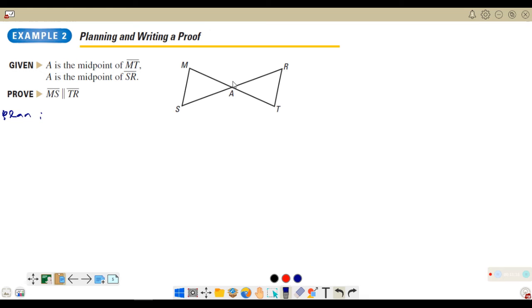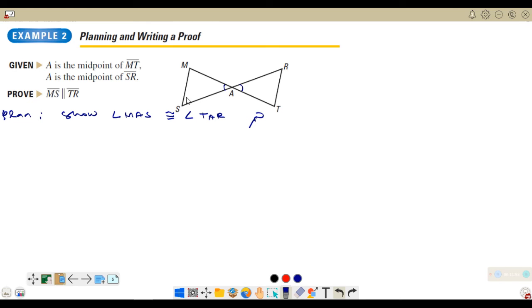So, A is the midpoint of MT and A is also the midpoint of SR. So, ang plan natin for the proof is to use or to show that angle MAS is congruent to angle TAR and angle, ito yung dalawa.